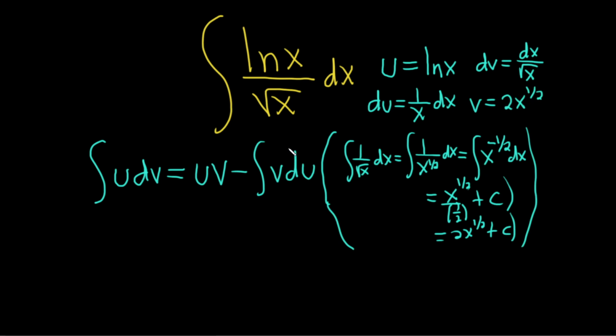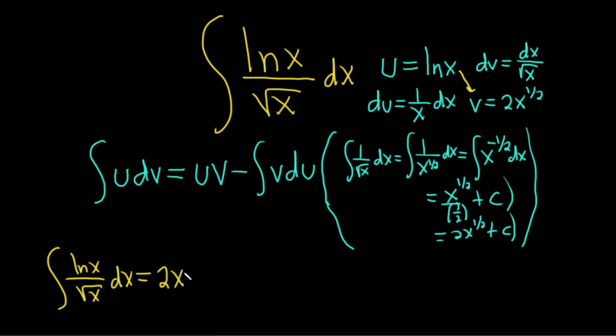And so now we're ready to apply the integration by parts formula. I'm going to go ahead and write down our original integral one more time. It was ln x over the square root of x dx, and that's equal to uv. It'll be v times u or u times v. I'm going to put the v first because that way the number's in the front.